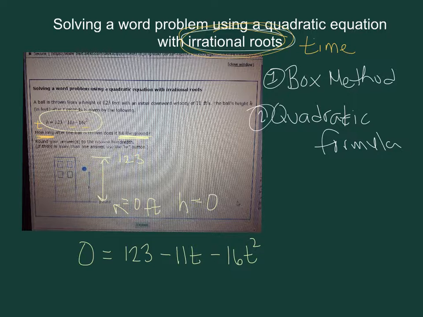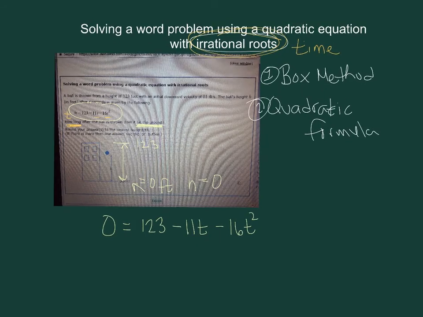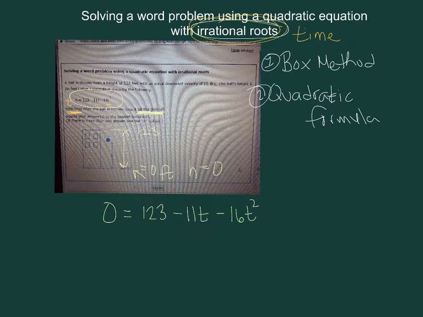This is actually great because now what I can do is I can rewrite this just a tad, okay, to be in a format that I like. I don't like it starting with 123, so I'm going to change the order. I'm going to call it negative 16t squared minus 11t plus 123 equals 0. So notice all I did was I just flipped the order here.